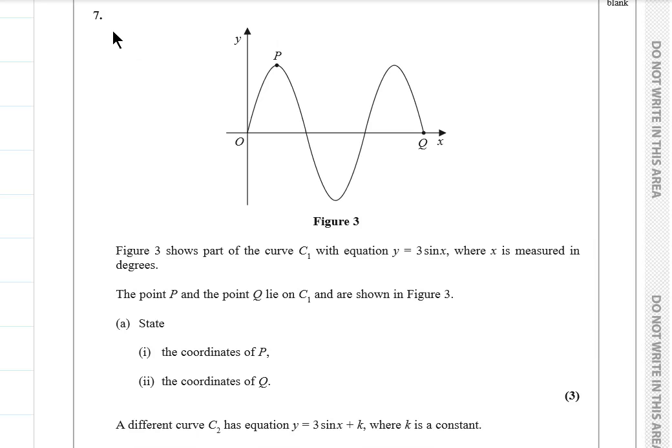Question 7. Figure 3 shows part of the curve C1 with equation y equals 3 sine x, where x is measured in degrees. The point P and the point Q lie on C1 and are shown in Figure 3. This is P and this is Q. Part A, state the coordinates of P and the coordinates of Q. Very easy.